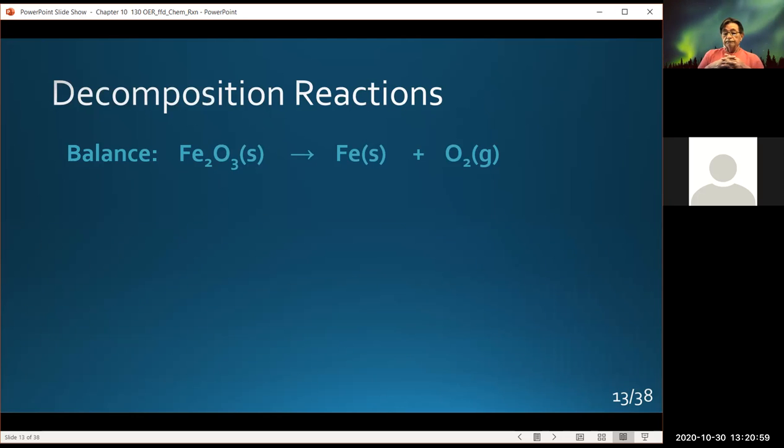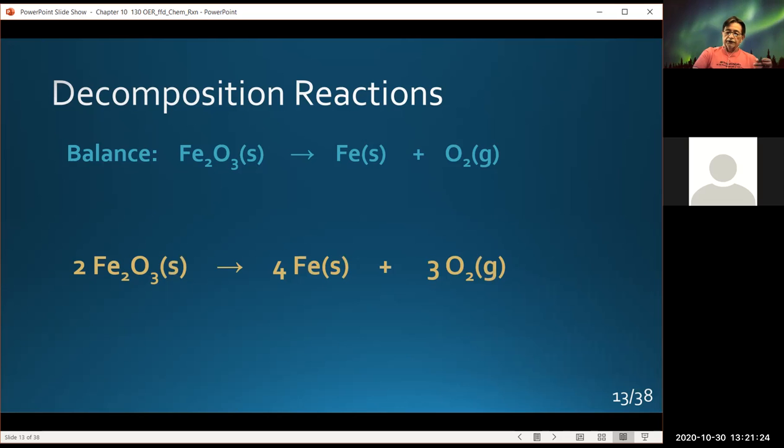Quite a bit of heat breaks the iron(III) oxide apart, and you end up with oxygen, which goes away because it's a gas, and iron. So you create elemental iron and elemental oxygen. Typical example of a decomposition reaction.